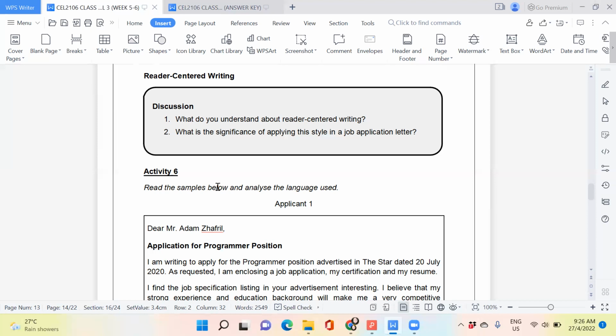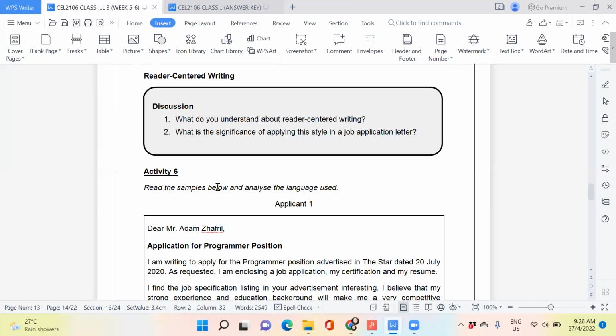Okay, so in your letter, perhaps, you can include examples. Examples means your experience, your previous working experience. Maybe you want to talk about that. Okay. And then what else? Promises.